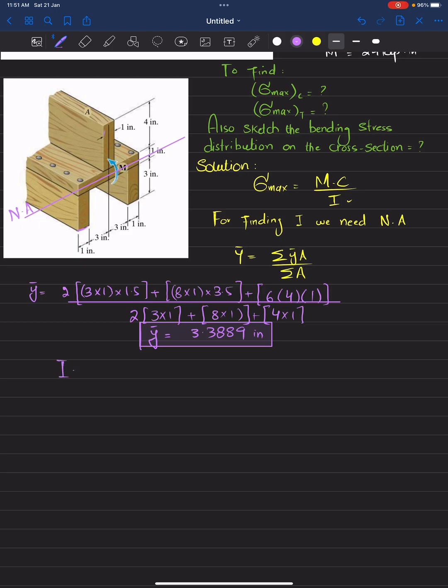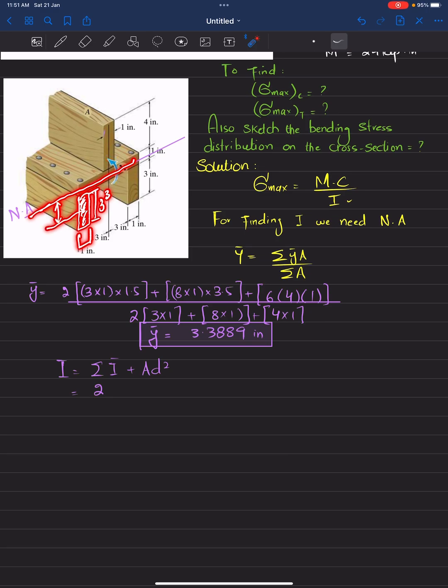So we will write the parallel axis theorem: the sum of I dash plus A d squared. Clear? We will write first for these two. This is 1 and this is also 1. We will get the moment of inertia of this one and multiply it by 2. The moment of inertia of this portion about this neutral axis is 1 over 12 times its breadth and height cubed, plus A d squared, the area and the distance from the neutral axis to the center of this section.